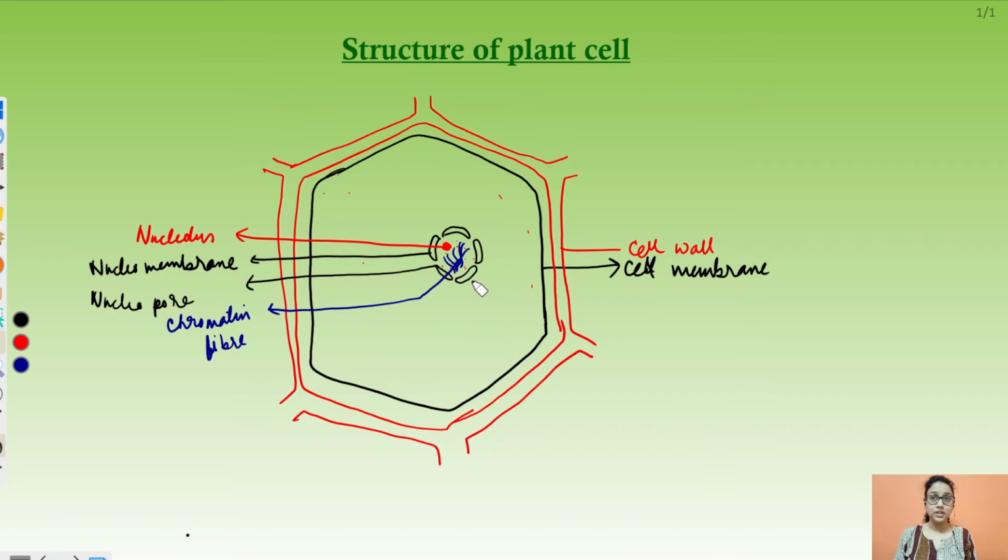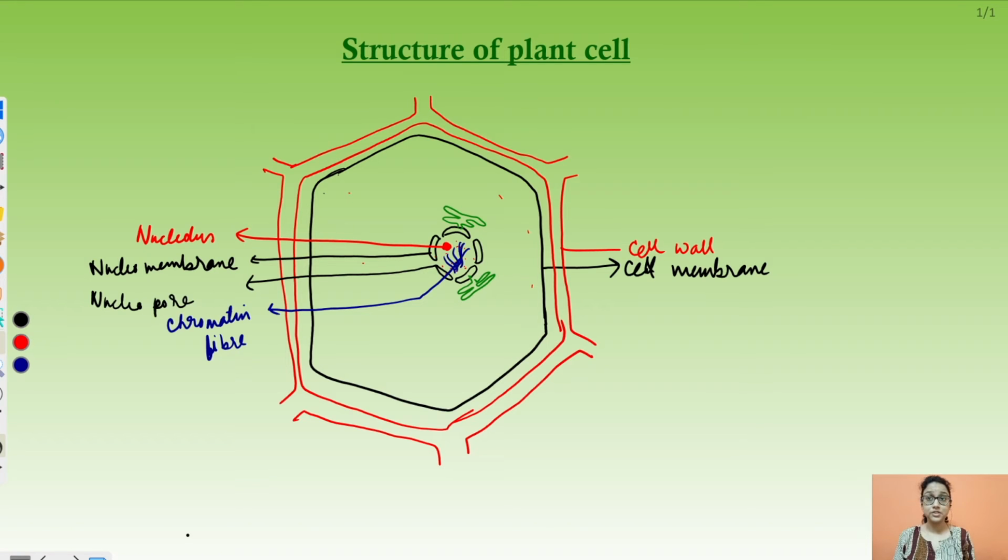From the wall of the nuclear membrane, there will be the presence of endoplasmic reticulum. We will draw another endoplasmic reticulum. This endoplasmic reticulum can be of two types.